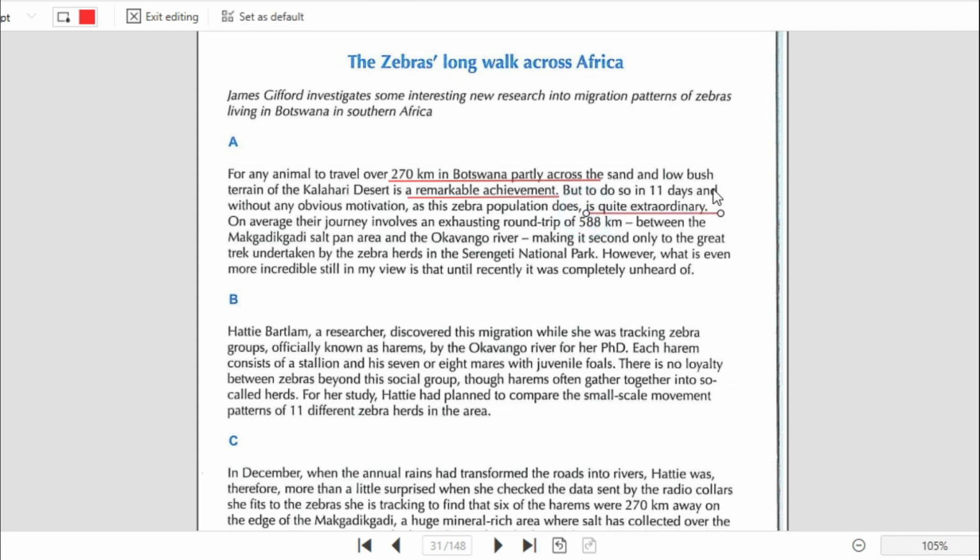So in these three lines, we got only one piece of information: it's a remarkable achievement and it is quite extraordinary.